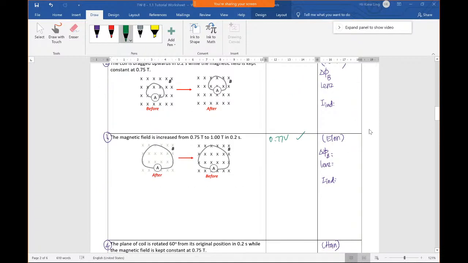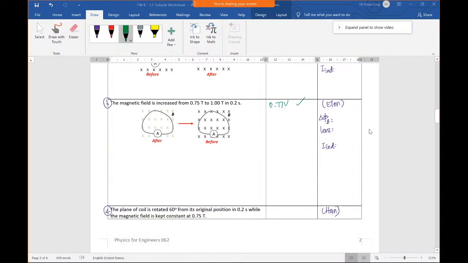Okay, so let's look at number 3 first. Elan has already helped us to find the value of induced EMF. Let's see how we can get the induced EMF. Look at number 3. The magnetic field changes to 1 Tesla, so let's write down the properties.